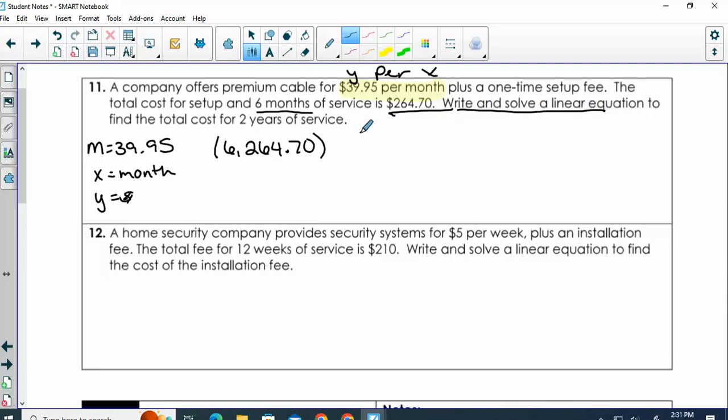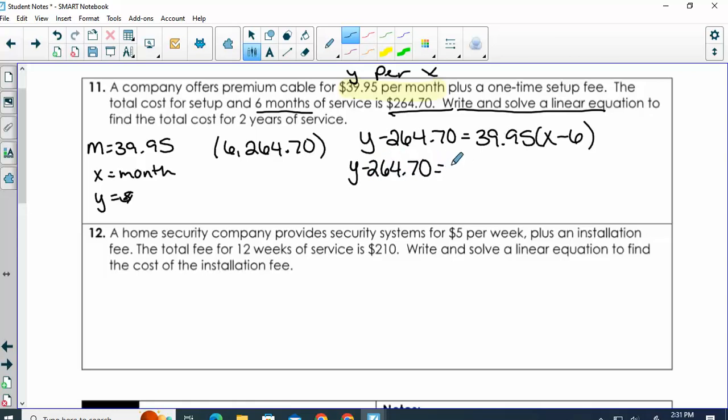So we use the point slope formula. y minus y sub 1 equals m times x minus x sub 1. Distribute.